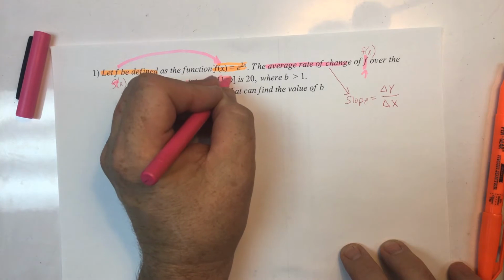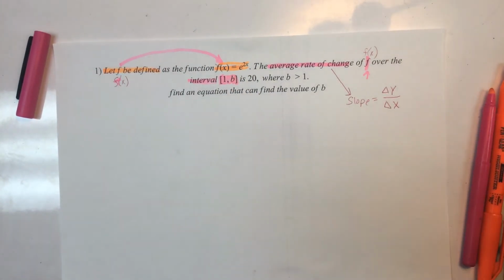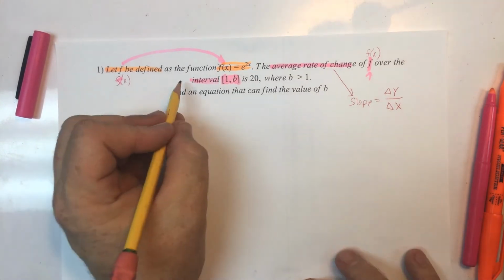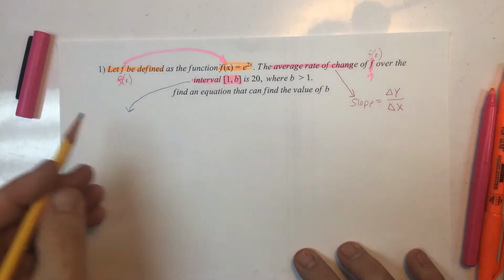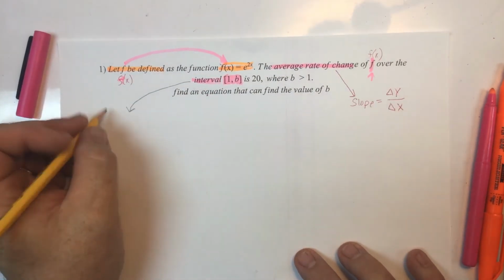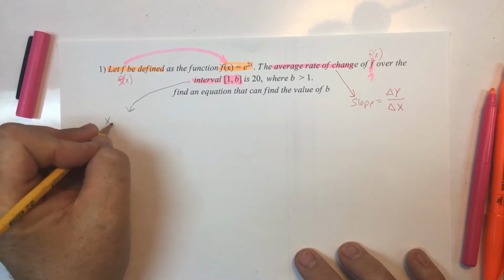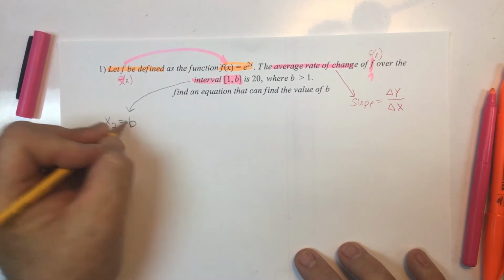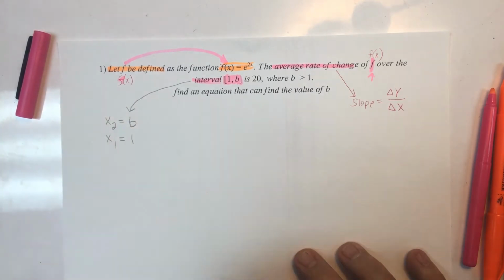So if I take that and I pull that information out to here, what are they giving me? They're giving me the interval. So it's an interval where x2 is equal to b and x1 is equal to 1.